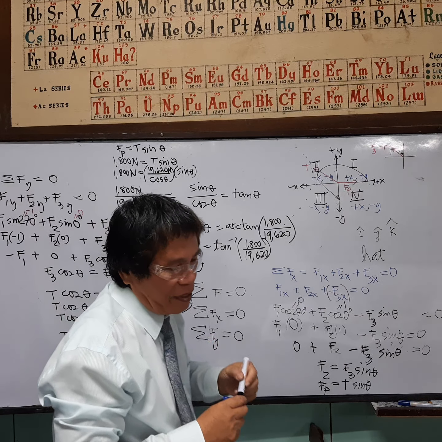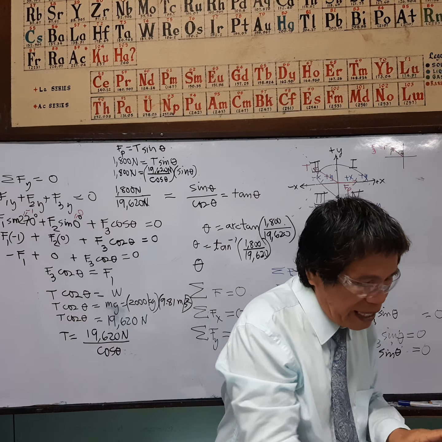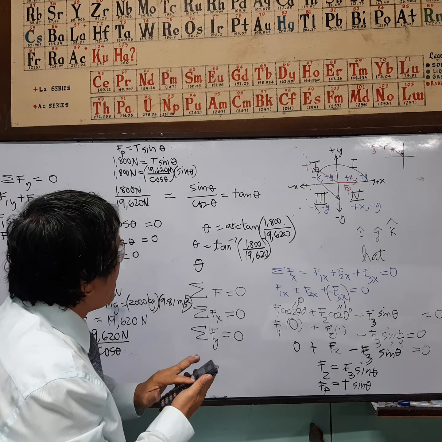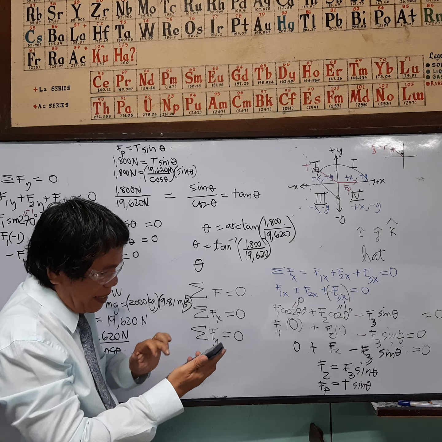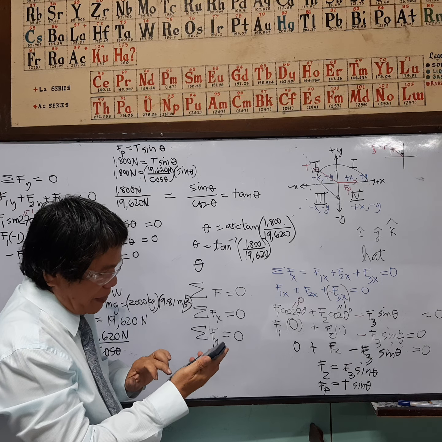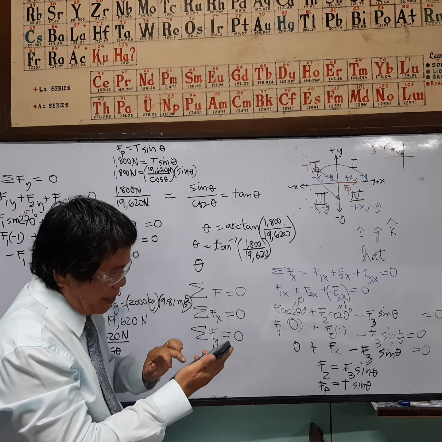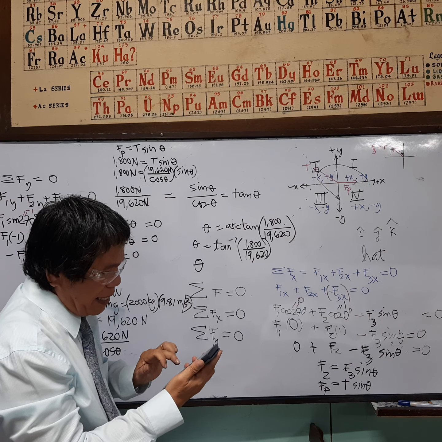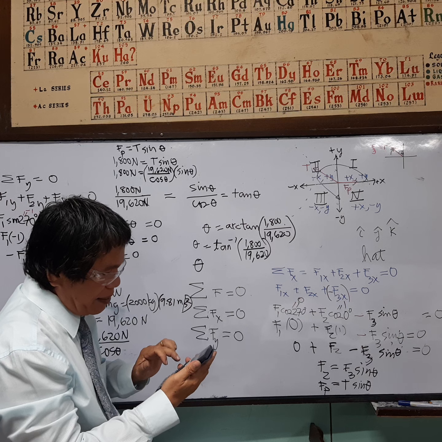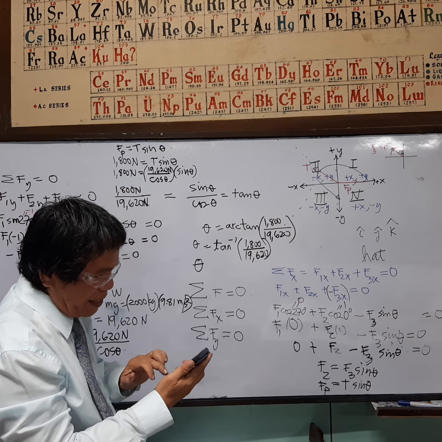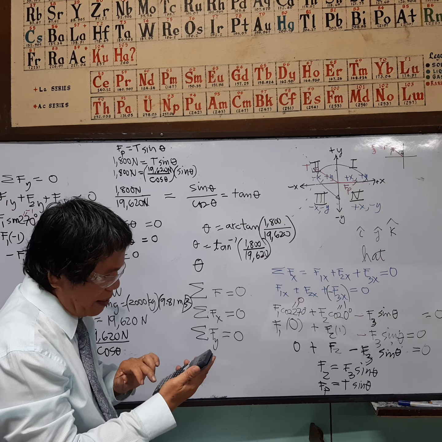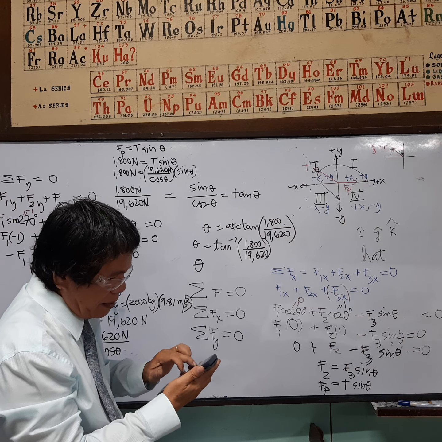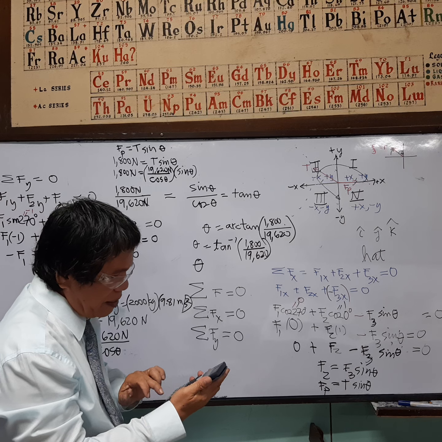Therefore, in the calculator, theta: 1,800 divided by 19,620 equals, then get the tangent. Tan equals.